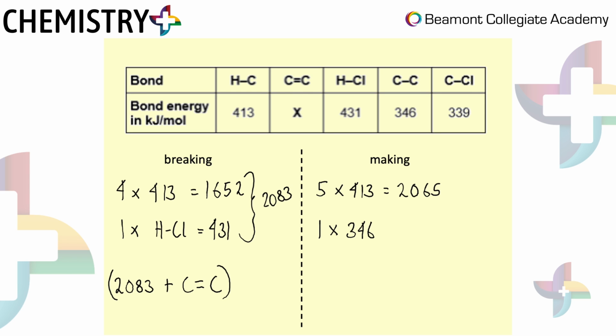And we also had 1 times the 339. So the making altogether added up is 2750. Okay, we now need to put these two together to calculate what the unknown C double bond C is.